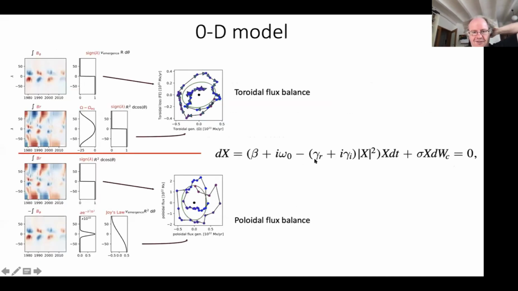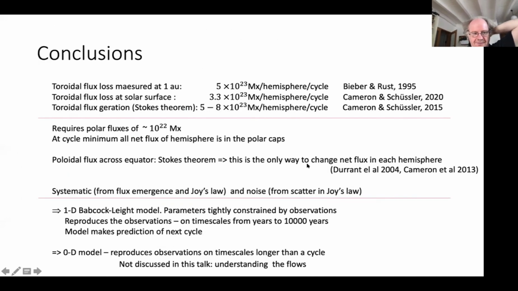There's two components: a systematic component, which is coming from Joy's law, flux emergence, and some diffuse, turbulent, convective, diffusive motions, and a noise component, which is coming from the scatter in Joy's law. You can measure the scatter. It's been done in depth, and we observe just the right amount of scatter to explain the variations in the solar cycle we see from solar cycle to solar cycle.